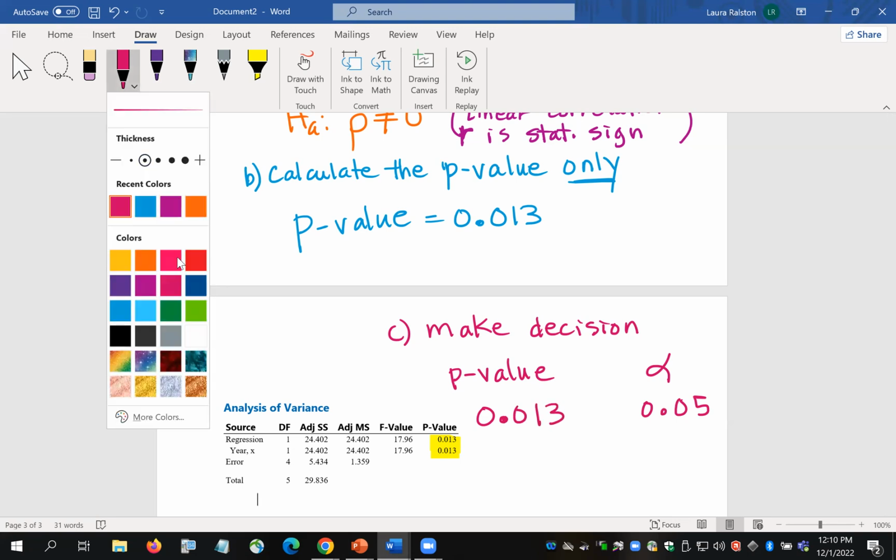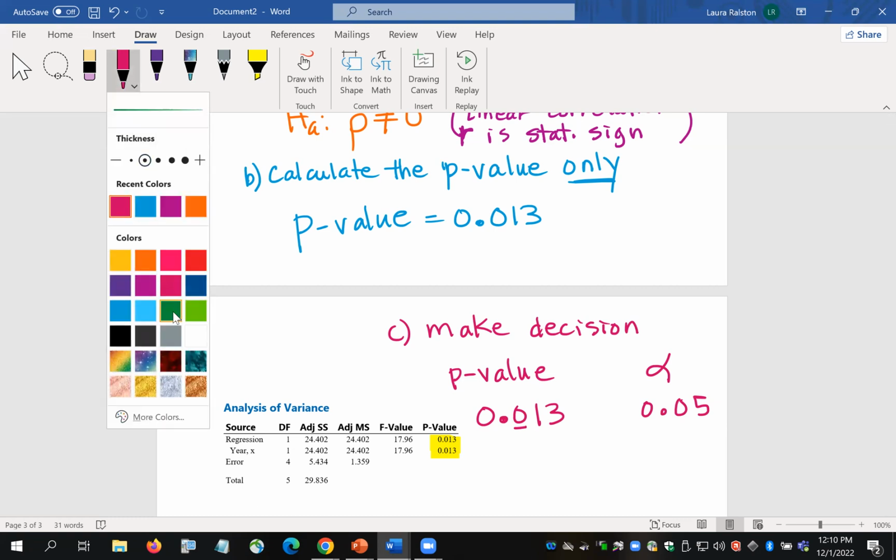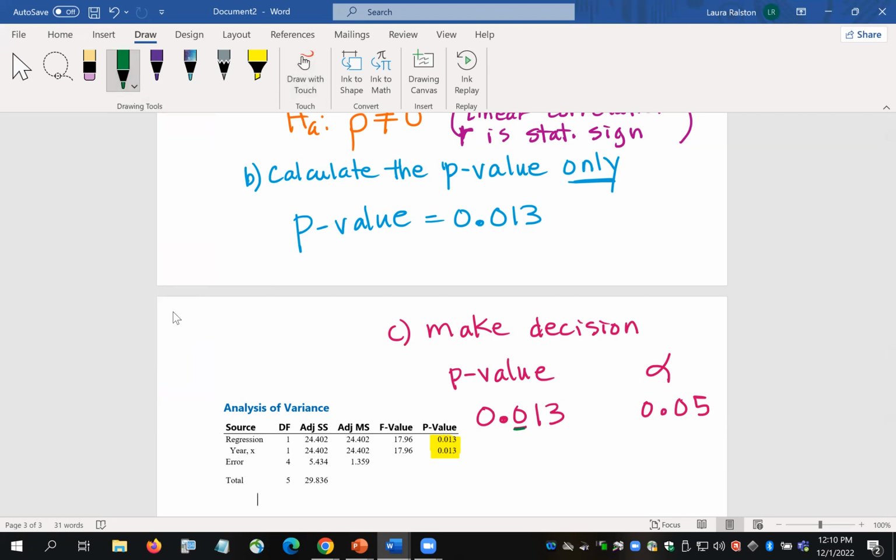So if I make that comparison of the p-value to that level of significance, I have 0.013 compared to 0.05. 1 is less than 5, so P is less than or equal to the level of significance. When P is less than or equal to the level of significance, we reject the null.